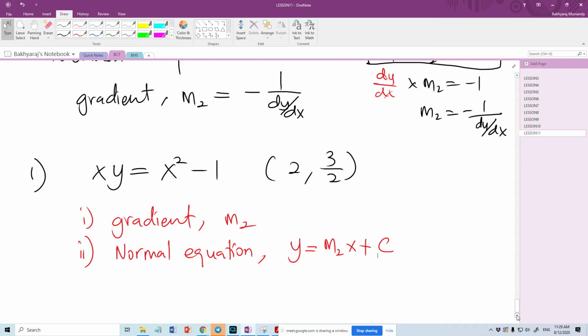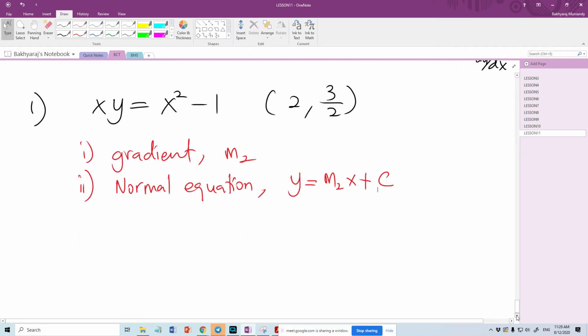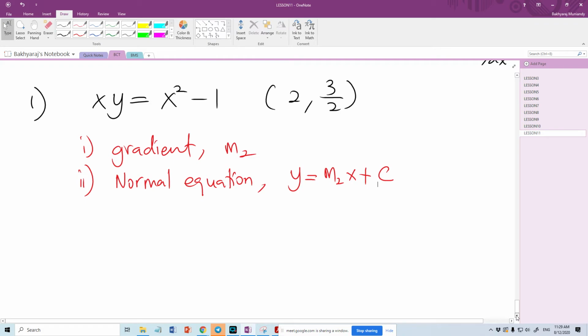Okay, so what is our answer? What is our dy dx? Can anyone share your answer? Nobody? The left hand side is xy dy dx, correct. What about the right hand side?